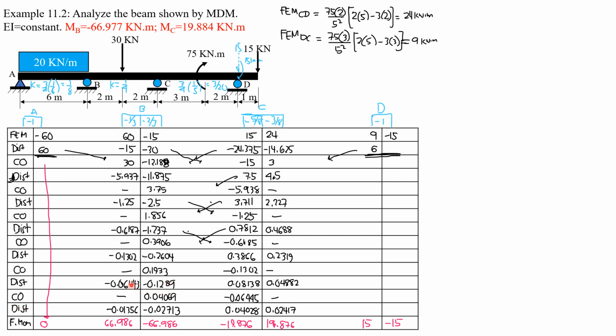But before that, the values were more than 0.1. That's why we did not stop here at this level, because it was 0.1933 and negative 0.1302. So all values should be less than or equal to 0.1 in absolute value of the unbalanced moment, and we should end at the distribute row. So adding the values here, that's why final moment at A is 0 in kilonewton meter.